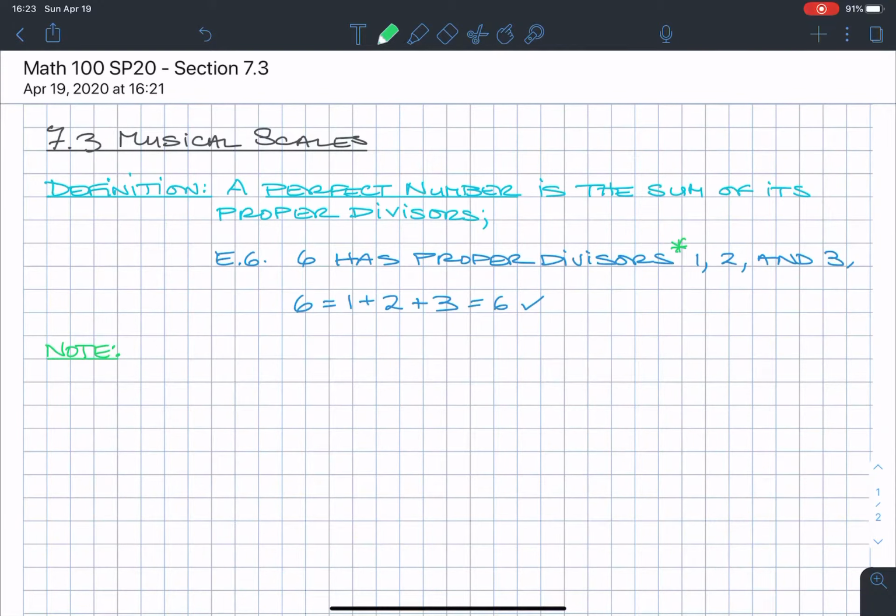So a proper divisor is all divisors other than the number itself.